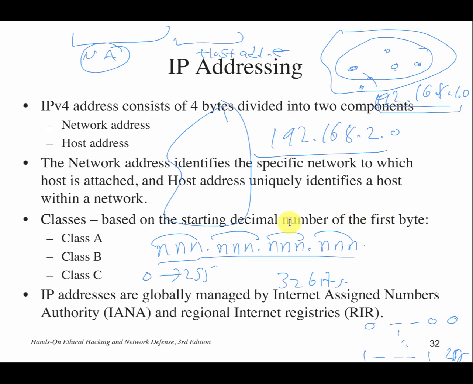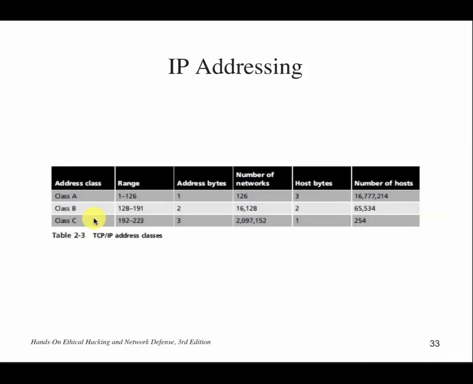The other thing we need to look at is how we can classify the IP address. I'm talking about the classful IP address. I can classify it into Class A, Class B, Class C, Class D, and Class E. How do you classify it based on the class? Let's take a quick example.